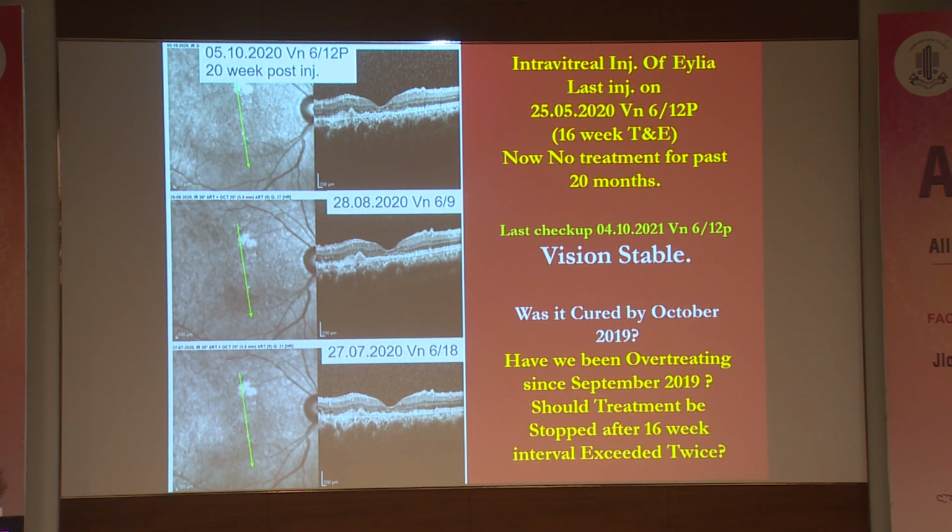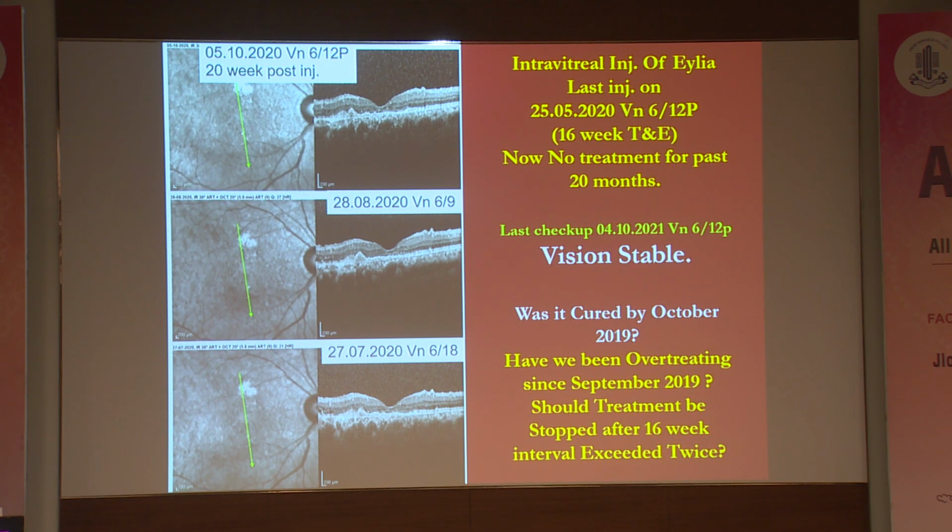But one thing, and we have a very august audience, panel over here, and I'm going to expect them to help me answer this question because I don't know the answer. This patient was on 16 weeks twice, and then came COVID. COVID has taught us a lot. It forced us to learn. The patient didn't come.